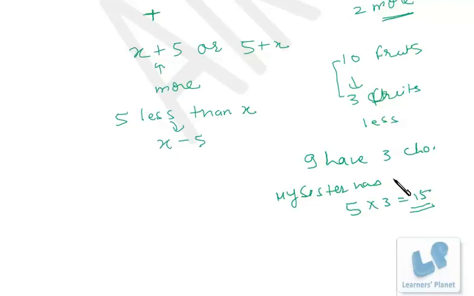Times represents multiplication. Now if I say 5 times x, that means it is 5x. Whatever we are doing over here, the same thing we have to do over here, right? Algebraic expressions are not difficult to make. Similarly, we can find an expression for division also.